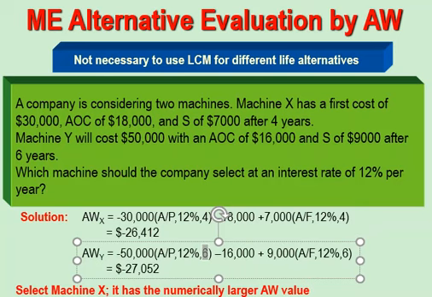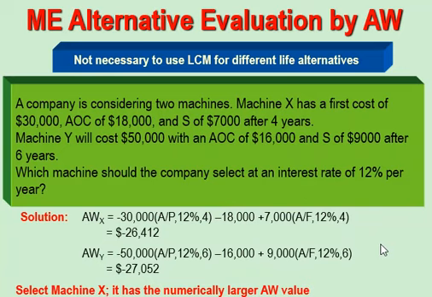For how long? For 6 years. So I have payments every year, but the interval is 6 years. Did I use LCM? No, because here it's 4 and here it's 6. So I solve this. We have the $30,000.